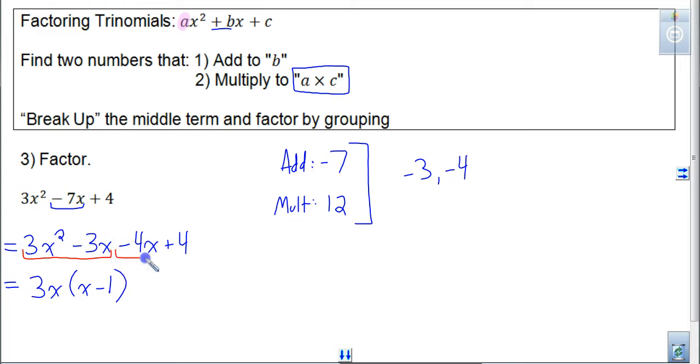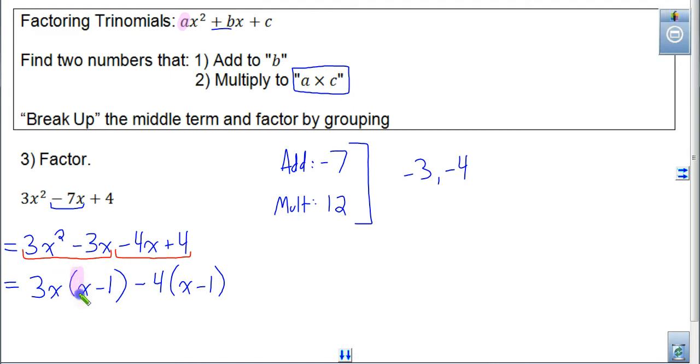For the next set of terms, minus 4x plus 4, again we want the first term of this binomial to be positive. So I factor out a negative 4, and I'm left with x minus 1. It doesn't matter what order you put those in, but try to pair up the first coefficient so that it can factor nicely with the first term, and your life will be a lot easier.